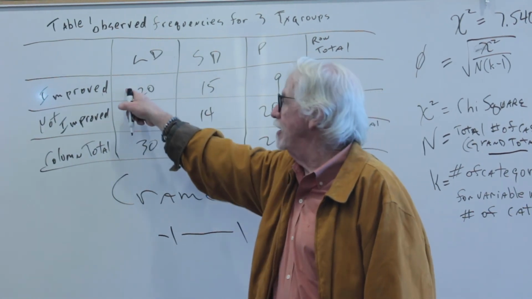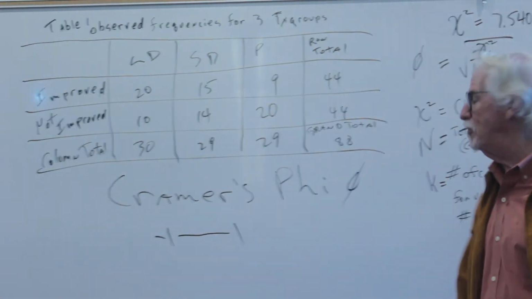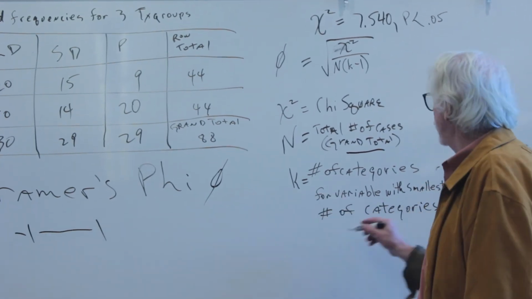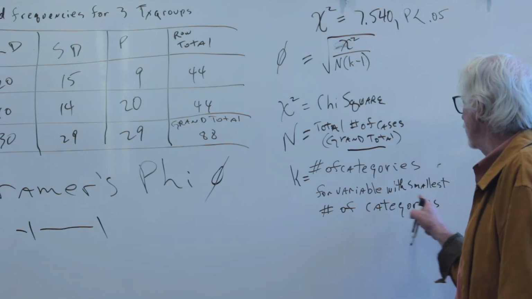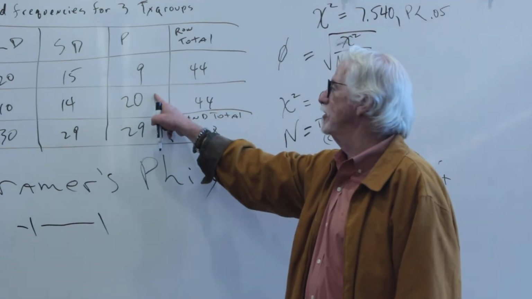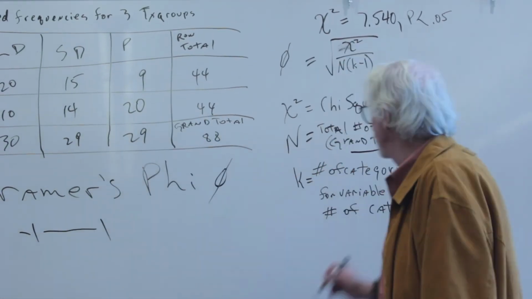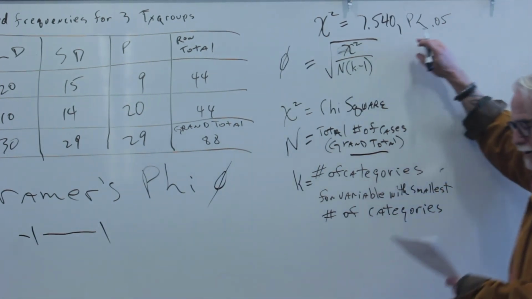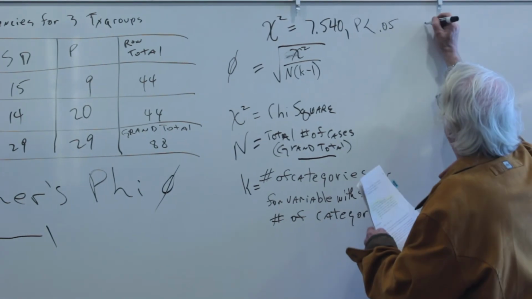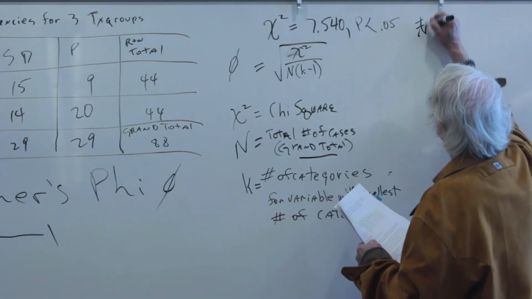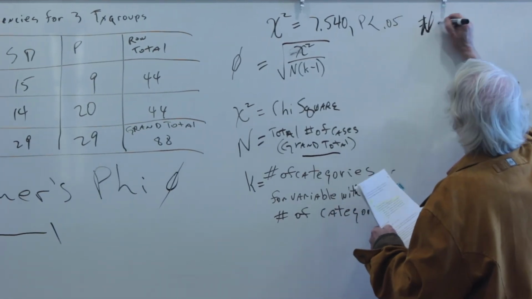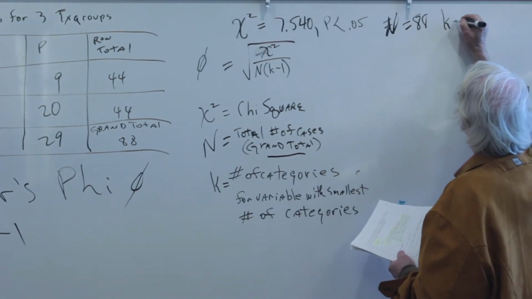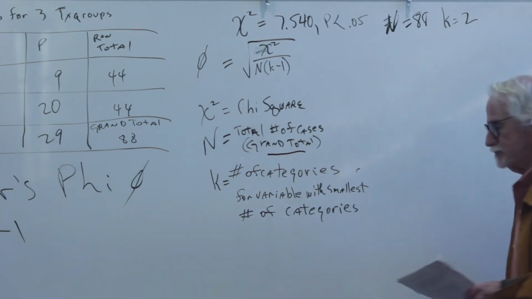So in our case, K is 2, the number of categories for the variable with the smallest number of categories. In our case, that's improved and not improved. All right. So we already have x squared up here, what that value is. We know that n was equal to 88, and k is equal to 2.